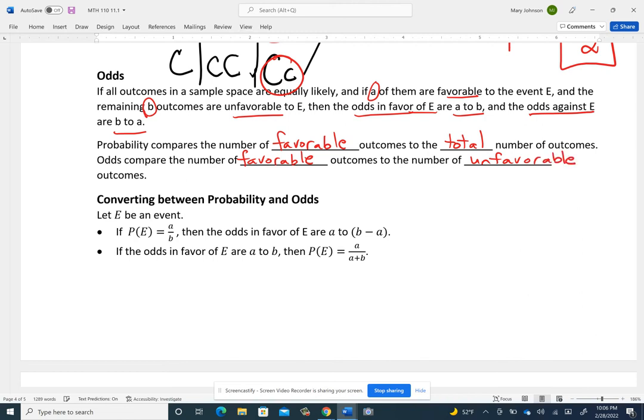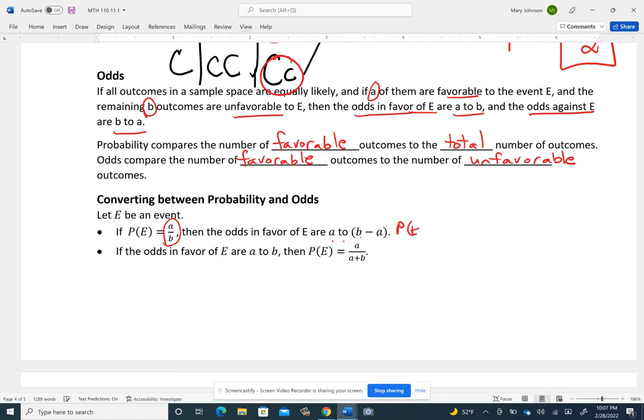Okay. And basically that's what's being said right here. So if you have the probability of some event being A to B, then the odds in favor of the event are going to be A to whatever B minus A would equal. Okay, that just sounds like gibberish until you see an example. Once you see an example, it's not too bad.